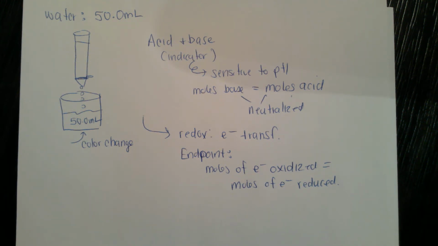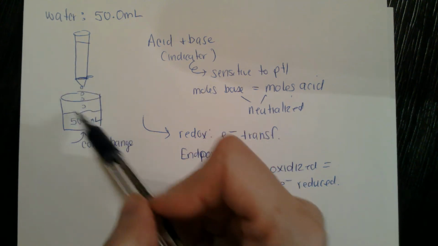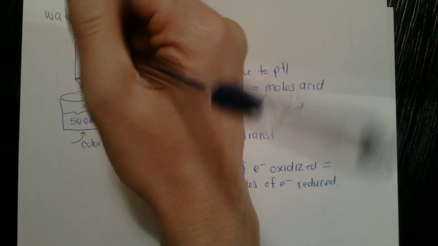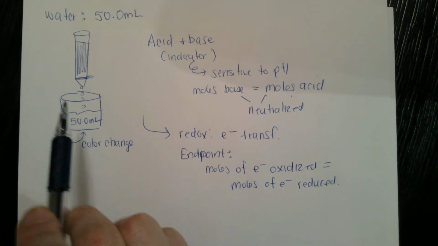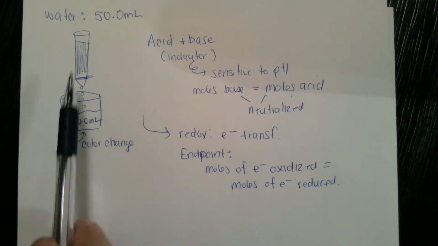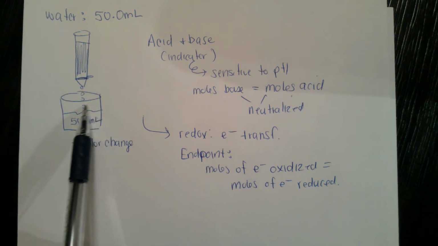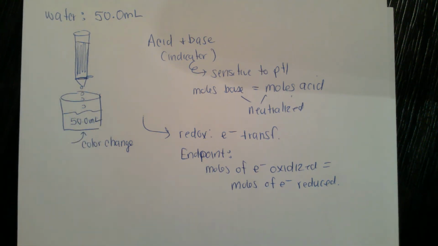For example, dichromates are very bright yellow. As the titration is happening, you would see that yellow color. When those drops hit the solution, the color goes away. But as soon as you've reached this end point, that yellow color would stay in solution, and you know you've reached your end point.